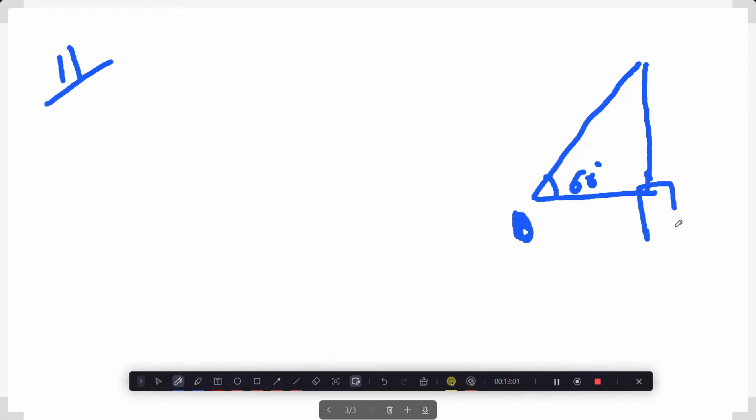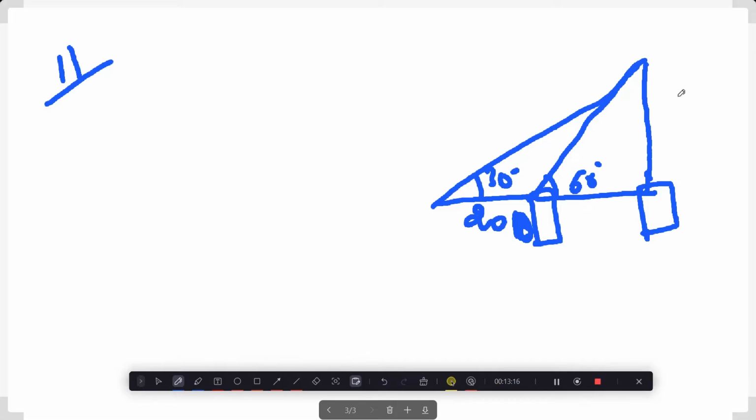So this is one bank. This is the other bank of the canal, directly opposite the tower. Then from another point 20 meters away from this point, the angle of elevation is 30. We need to find the height of the tower. We need to find out the width of the canal.